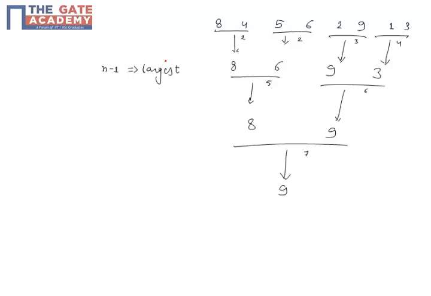Now the actual algorithm to find the second largest element starts. My 9 is at the top, the first-ranked number, which means 9 has won over all the numbers.